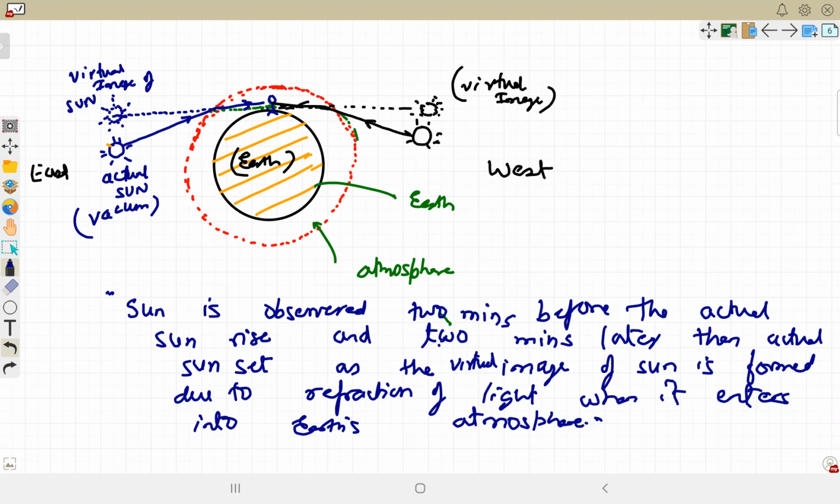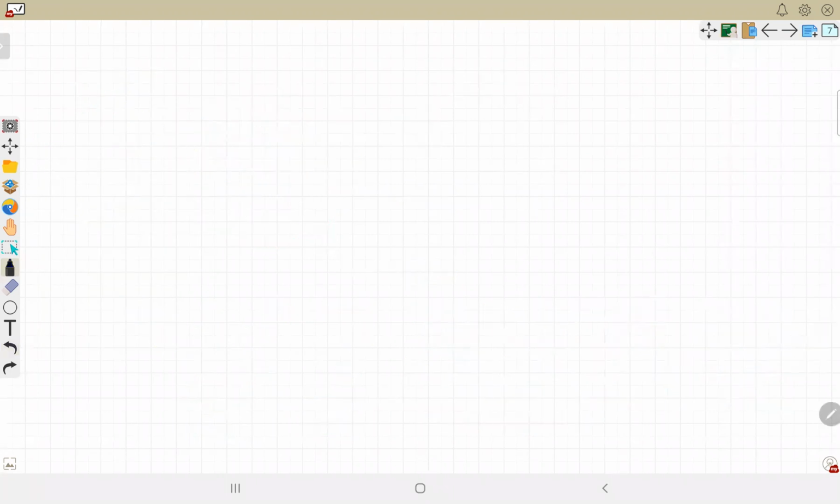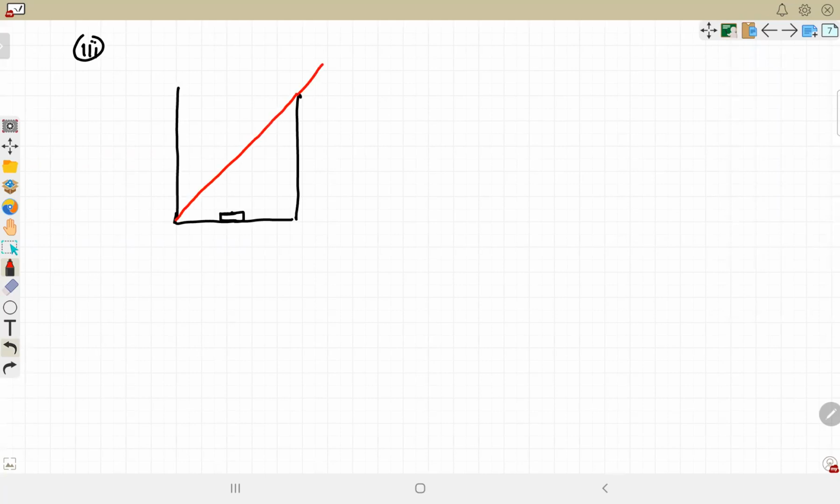Next observation is a coin kept in a vessel not visible when seen from just below the edge can be viewed from the same position when water is poured. I'm just reading the observations that are given in your book. The third observation is that in an empty vessel, suppose there is a coin at the bottom. When you are seeing from the edge, this is an empty container.